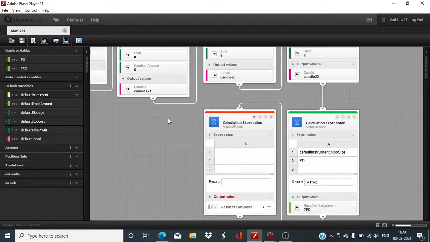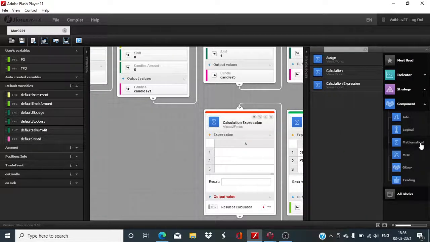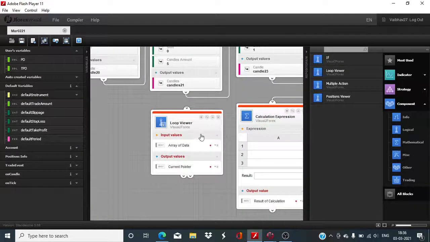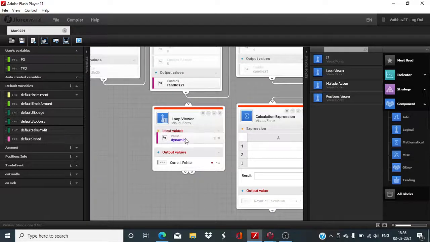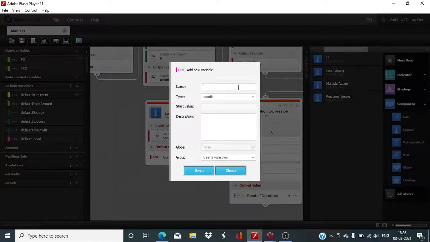For that, to get the individual data points, we will have to take the position viewer, and then we will be able to take any variable which we need. Here I think the position viewer is, not position viewer, sorry, loop viewer. Okay, so we will put this array of data, 15 minute high, low.